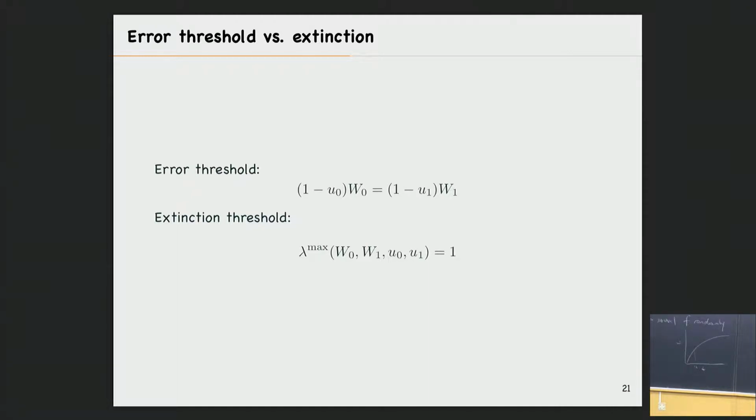So this condition on the error threshold is given by this one, which tells us that essentially the loss of the wild type happens whenever this condition holds. This is the condition for W0 not to be equal to 0.